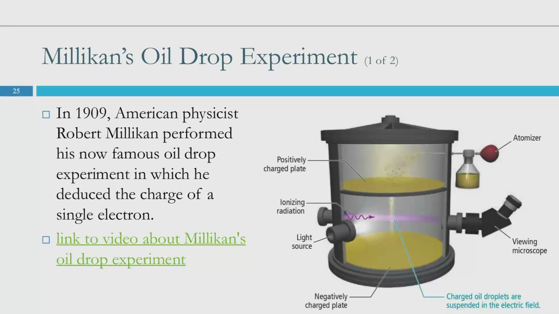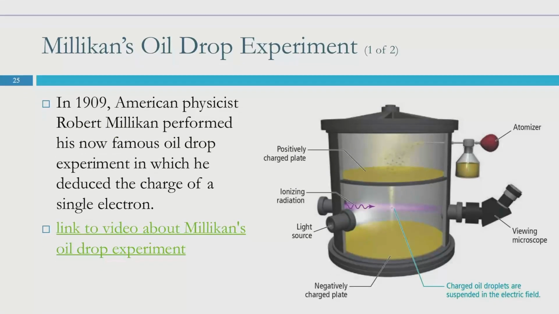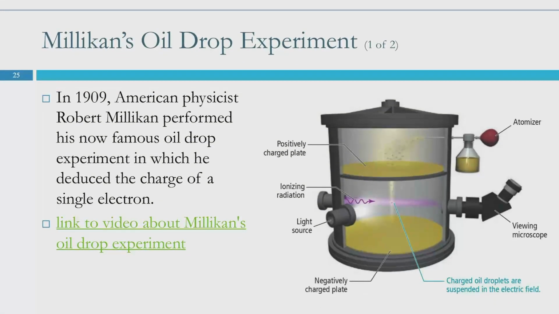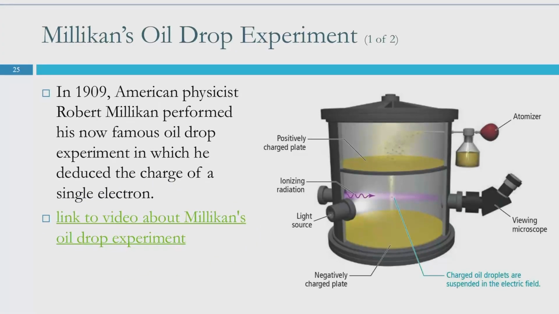Another experiment, Robert Millikan performed this famous oil drop experiment that's kind of crazy. I'd recommend watching one of the videos about it if you're interested in it. But basically the idea is they took some oil, they atomized it, so they made it into a fine mist, and sprayed it into a chamber. There's a positively charged plate up here on the top, there's a negatively charged plate here on the bottom, and we're also injecting this source of ionizing radiation.